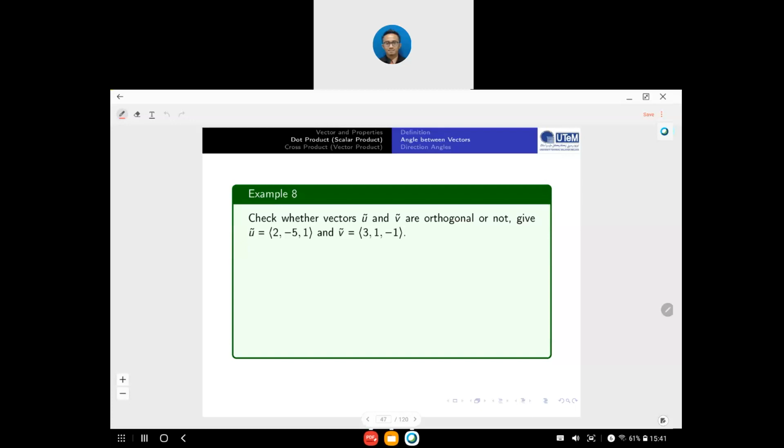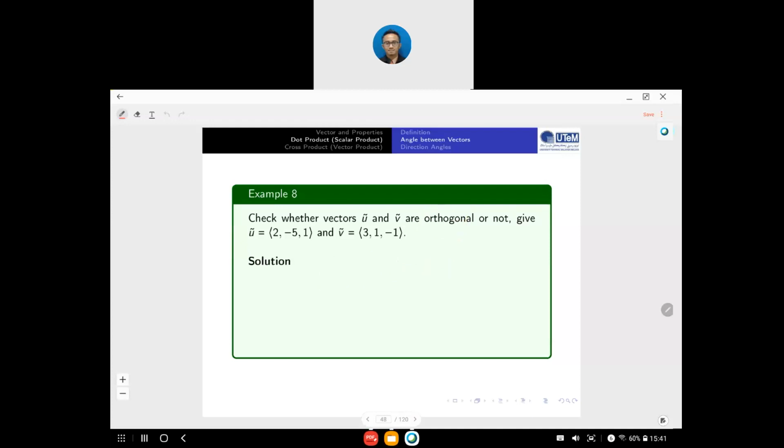You want to check whether it is orthogonal or not. We know that for orthogonal or perpendicular, when vector U dot vector V equals 0, it is automatically orthogonal. So you need to prove it. In order to prove it, find the dot product.